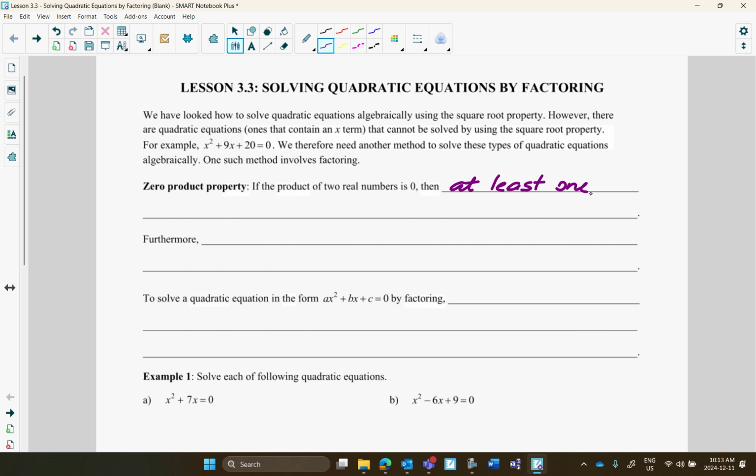And we saw that. In fancy math notation, if the product AB is zero, then A equals zero or B equals zero.